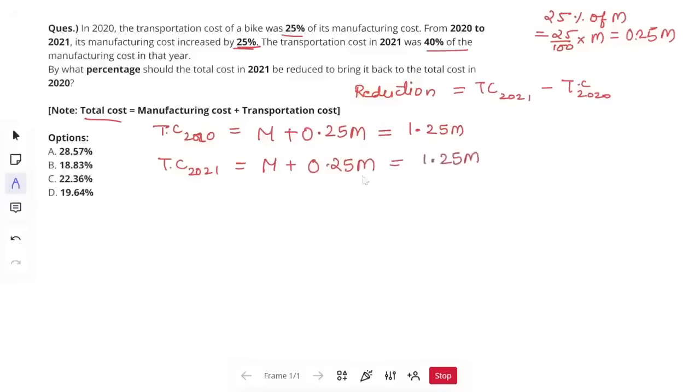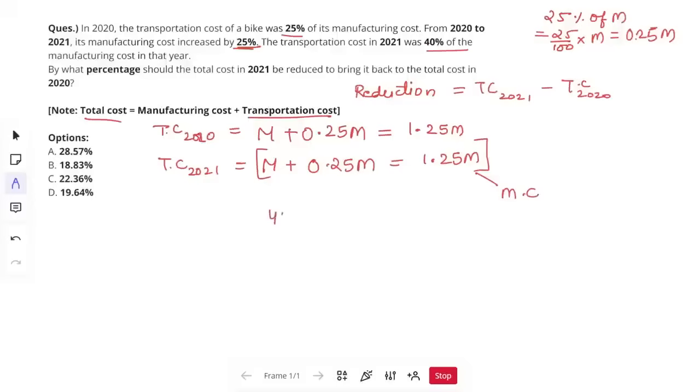Next, this is not total cost. Okay, this is manufacturing cost. Just understand, this much is manufacturing cost. In order to find the total cost, we need to add transportation cost also, right? Because we have seen that. Now let's add transportation cost. So what is transportation cost? Transportation cost is 40% of the manufacturing cost.